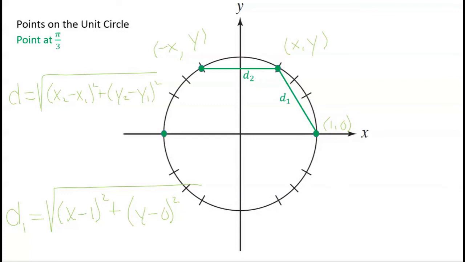Now I'm also going to find D2. The formula says I subtract my x's. So this is going to be (x minus negative x) squared. You can subtract them in any order you want. You're going to get the same result. And I subtract my y's. (y minus y) squared.